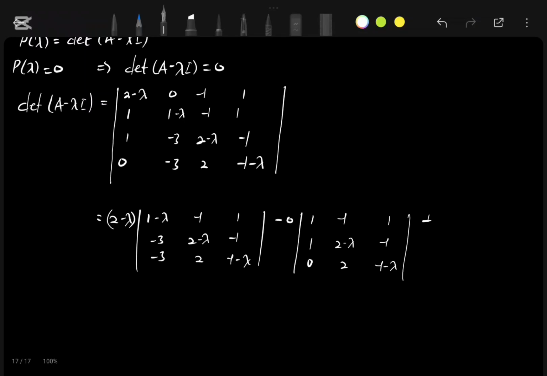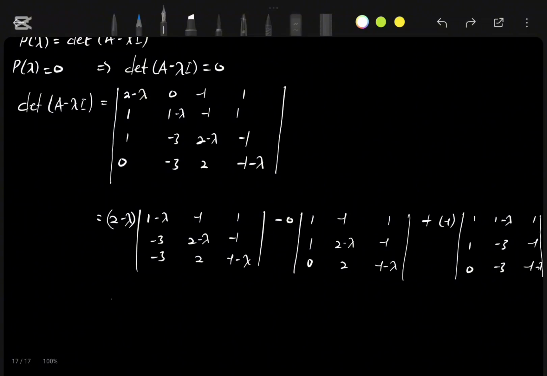And we have plus minus 1, multiplying the determinant 1, 1, 0, 1 minus lambda, minus 3, and 1, minus 1, minus 1 minus lambda.